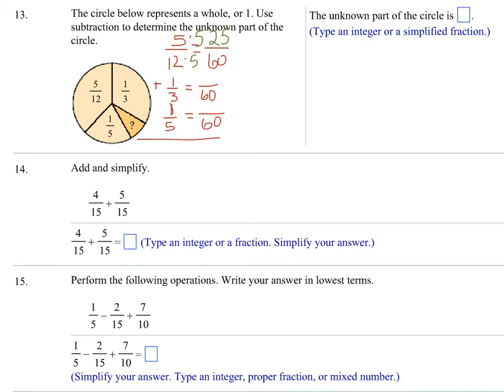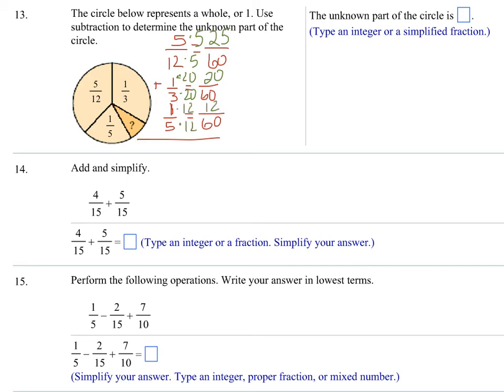Then I'm going to do the same for 1/3. I know that 3 times 20 is 60, so I'll multiply 1 times 20. So 1/3 is the same thing as 20 parts out of 60 parts. Now to change 1/5 to parts out of 60, I'll multiply by 12, because 5 times 12 is 60.